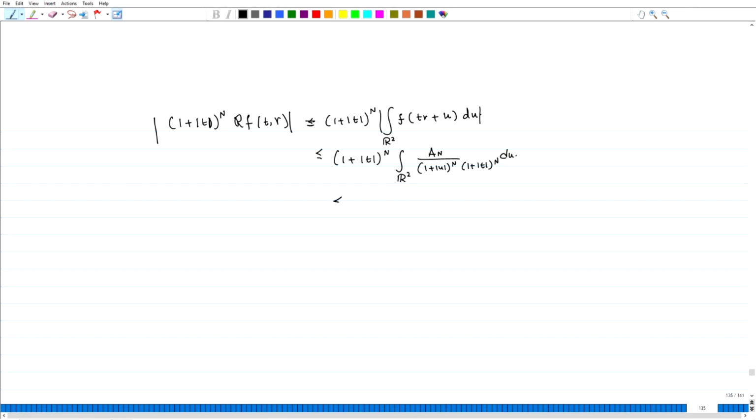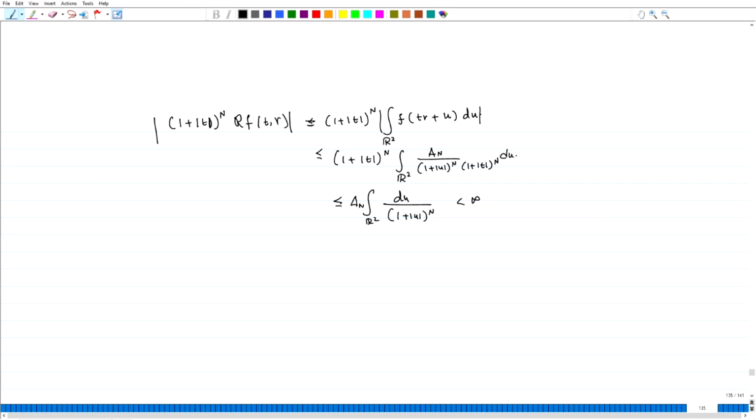So, this is less than or equal to a_n times the integral of du over (1 plus |u|)^n, and for large n this is finite, independent of t.